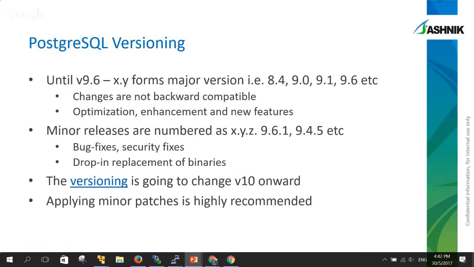And minor versions will be the digit after the decimal, which means 10.1 would be a minor release. If you have any application, tool or scripts which depend on the current format of versioning, you need to go back and probably relook at those scripts.